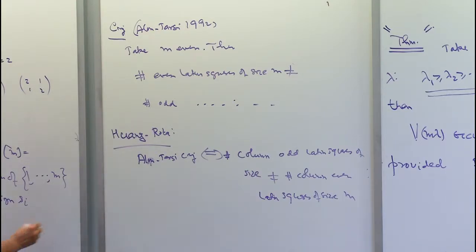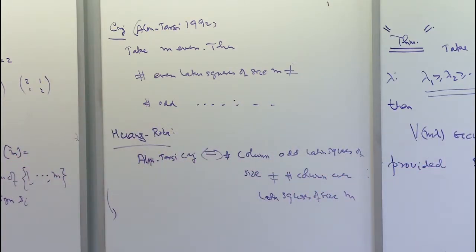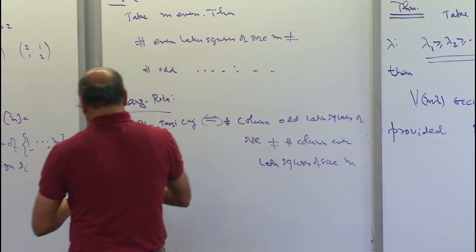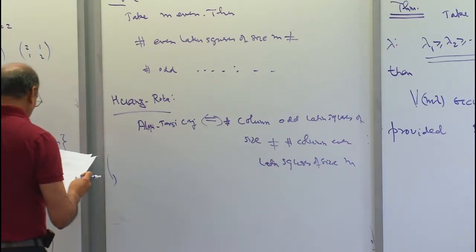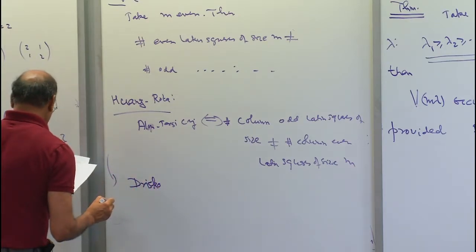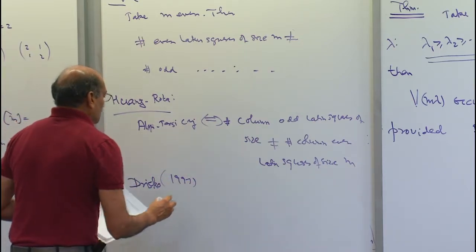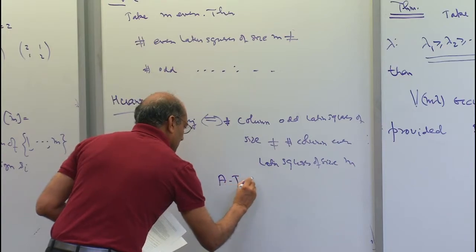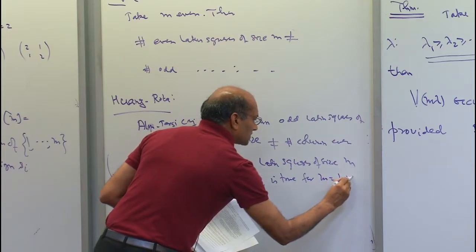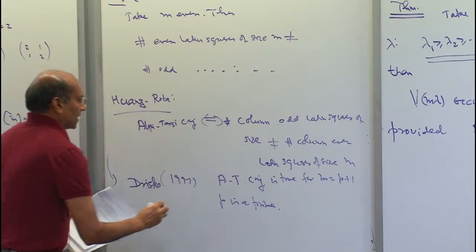Now, there were two papers, Drisko and Glynn. Drisko, that is 1997, proved that the Alon-Tarsi conjecture is true for m equals p plus 1, where p is an odd prime.